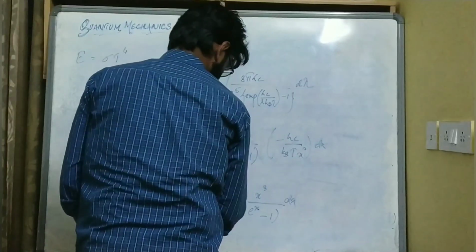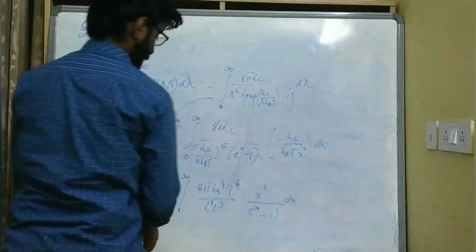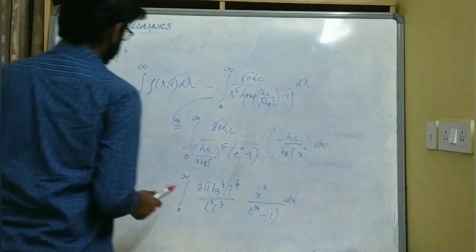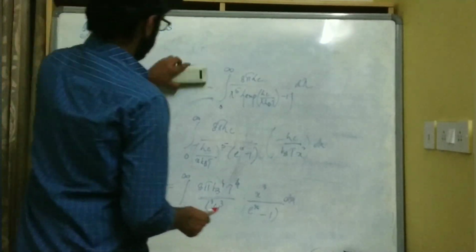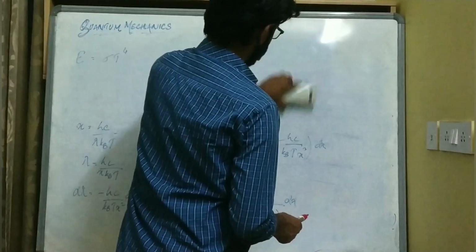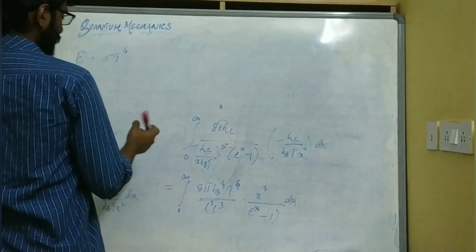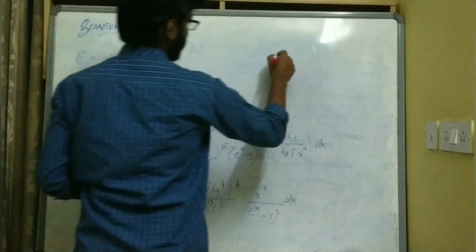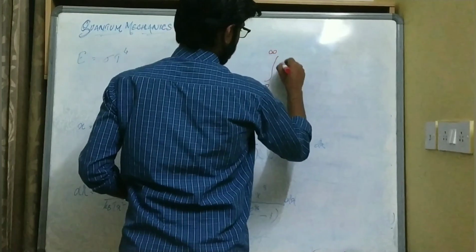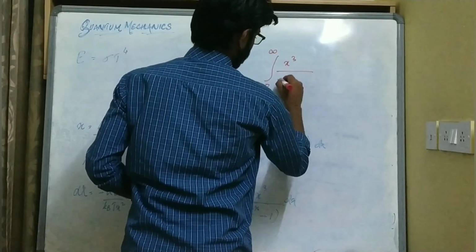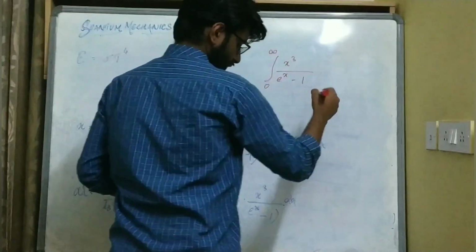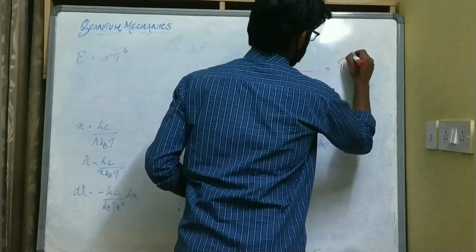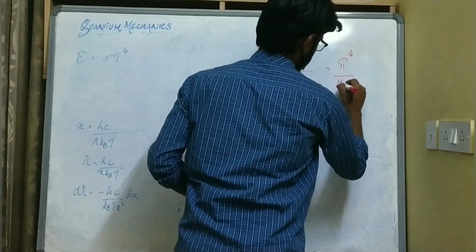At a constant temperature, you need to know the value of this integral, and in order to know that, just remember that the integral from 0 to infinity of x cube by e to the power x minus 1 is equal to pi to the power 4 by 15.